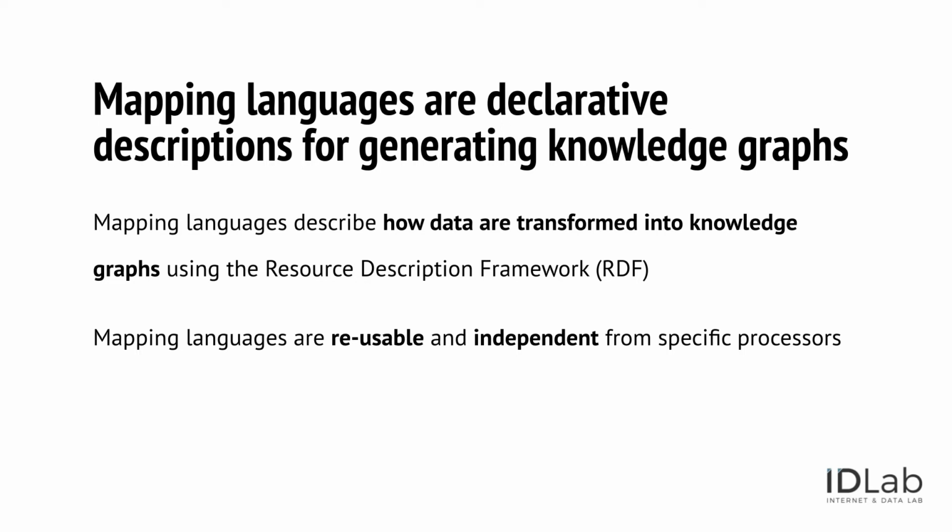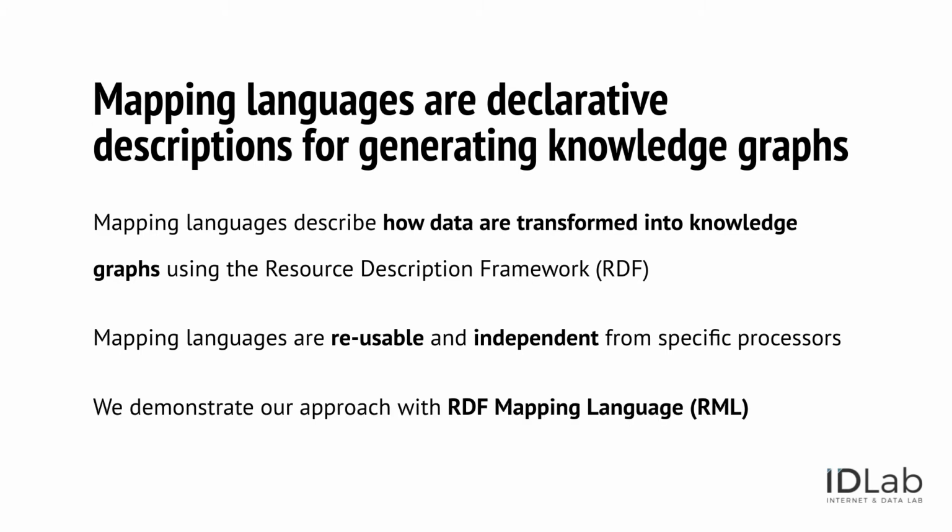Several mapping languages exist, but we will demonstrate our approach with the RDF Mapping Language. We chose to use the RDF Mapping Language because it not only performs a schema transformation using RML mapping rules, but also the data transformation using FNO.